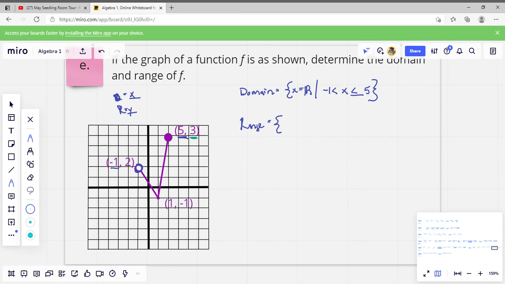Oh, that's not set up right, is it? I don't think I graphed it properly. Hang on. Let me check this. I might have made my graph wrong. Bear with me for a second. Domain. Okay. So I did graph that wrong. Let me fix where this dot goes.